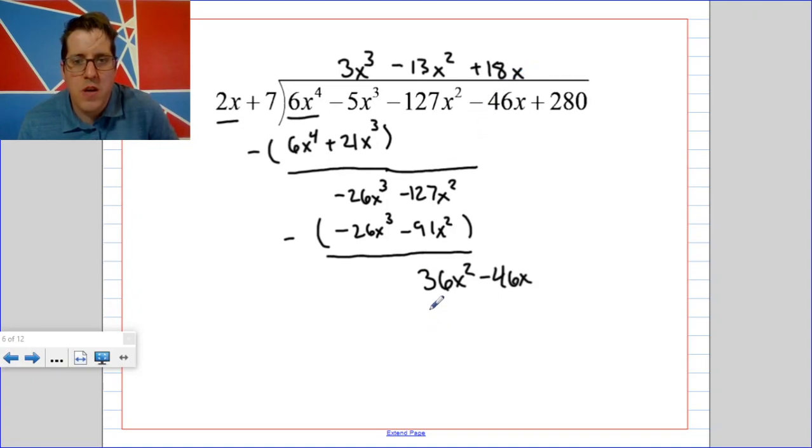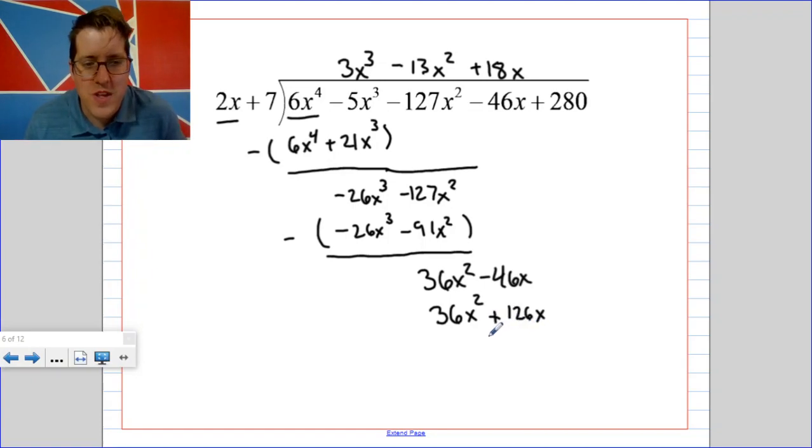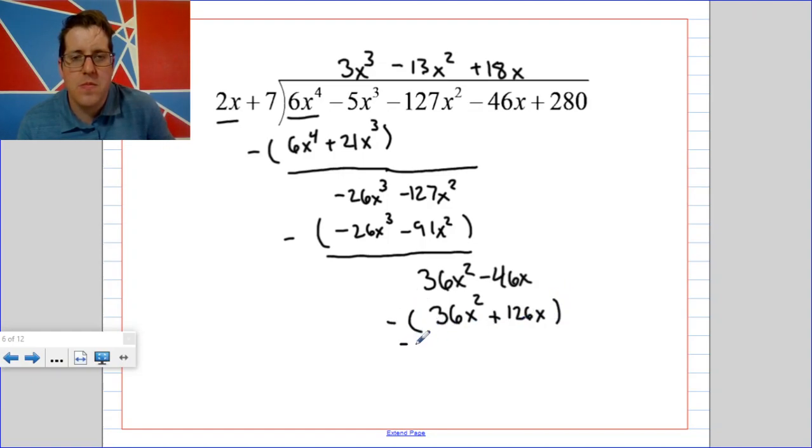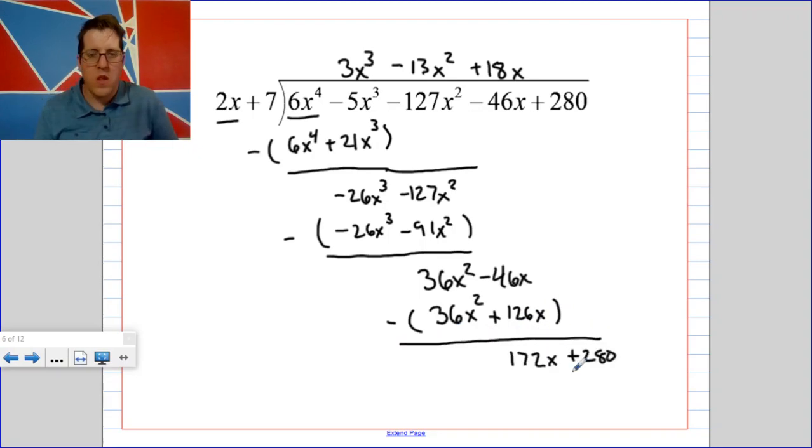So that's going to give me 36x squared plus 126x. And I'm going to subtract all of that. That's going to give me 172x plus 280. Sorry, I misspoke here. Negative 172x plus 280. All right, you know what, folks?